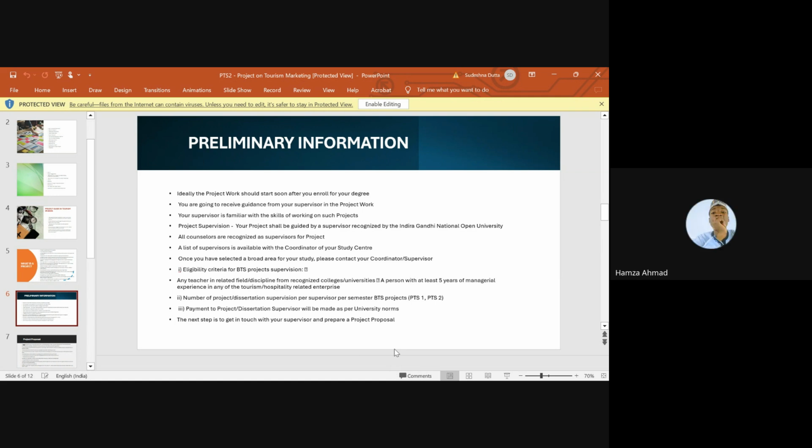Okay, so there is some preliminary information. First, ideally, the project work should start soon after you enroll for your degree. Like, last time we started our classes with you in February 2024, if I remember.